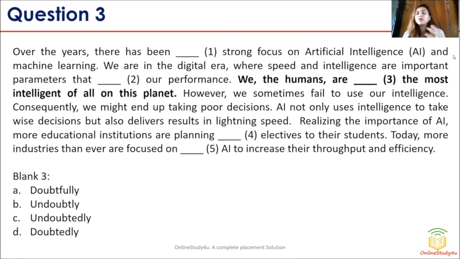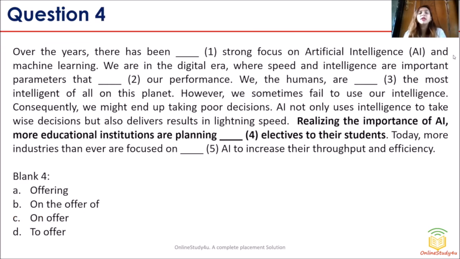So, there is no reason for doubt. So, in the first place, doubtfully is gone. Doubtedly also gets eliminated. Now, is it undoubtedly or undoubtedly? Which one? The correct answer to this will be undoubtedly. There is nothing called undoubtedly, it is undoubtedly. So we, the humans, are undoubtedly the most intelligent of all on this planet.